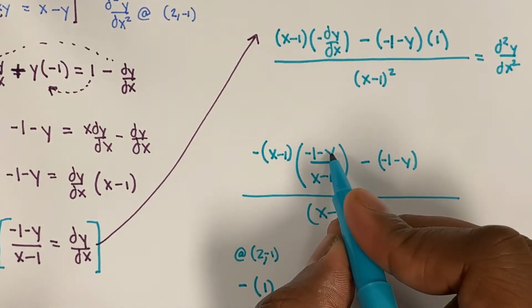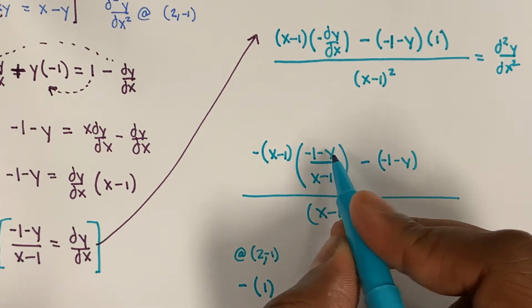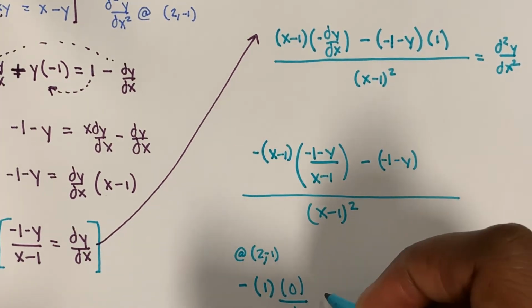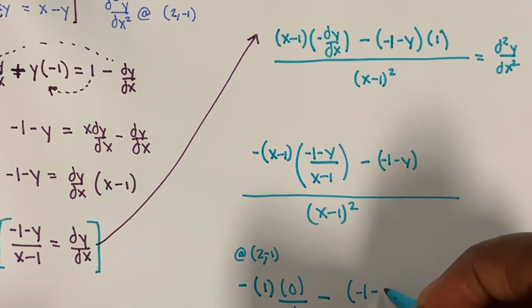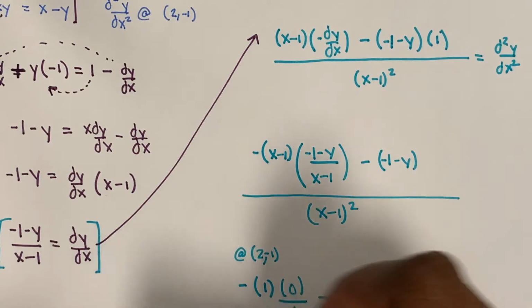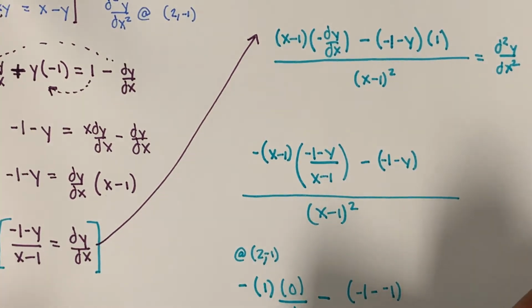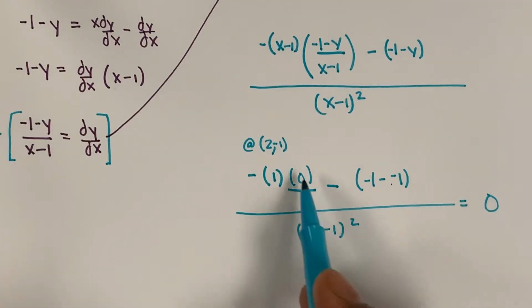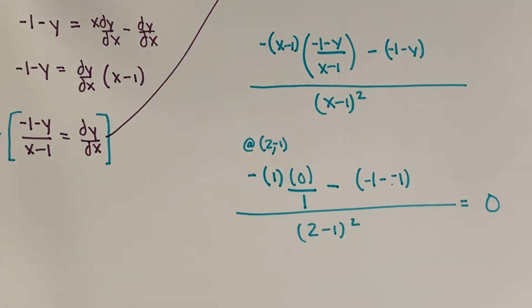And since y is negative 1, we're going to have negative 1 minus negative 1, which is 0. So 0 over 1 minus negative 1 minus negative 1 over 2 minus 1 squared, which would equal 0 because that's 0 and that term is 0. So when we substitute in the point 2, negative 1, we get 0.